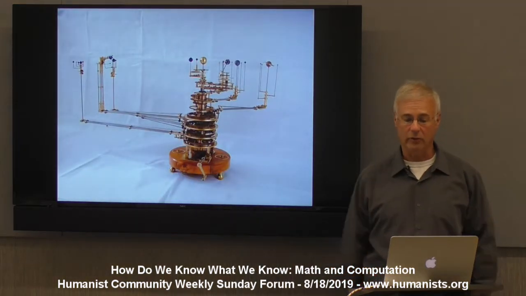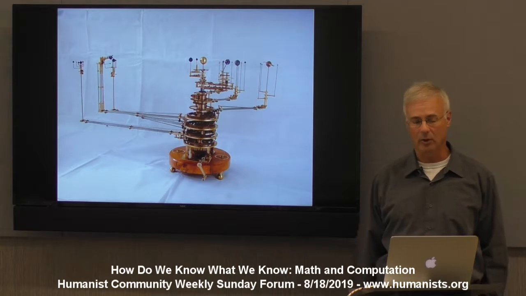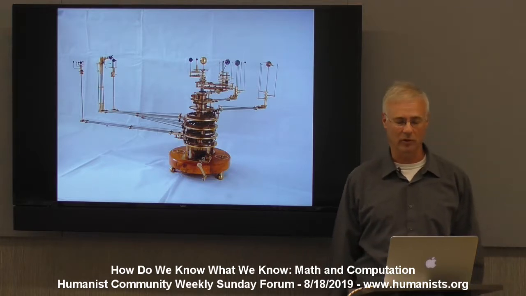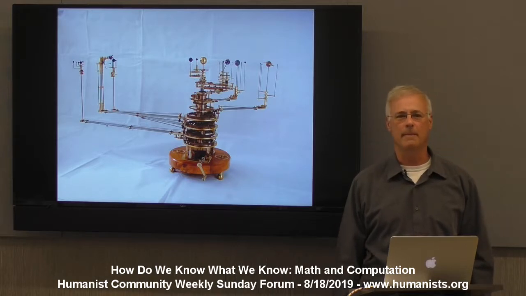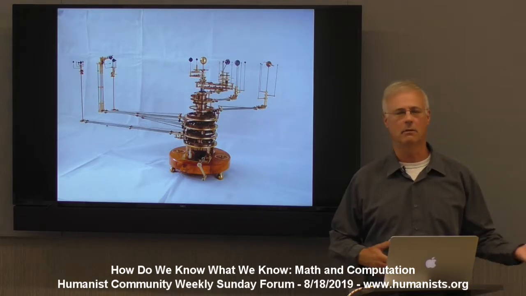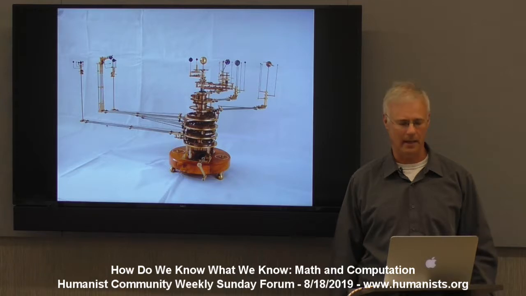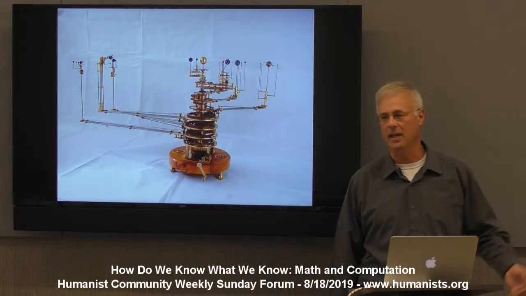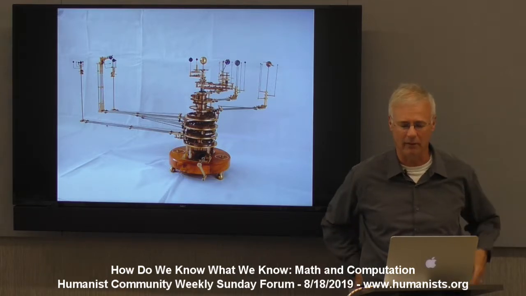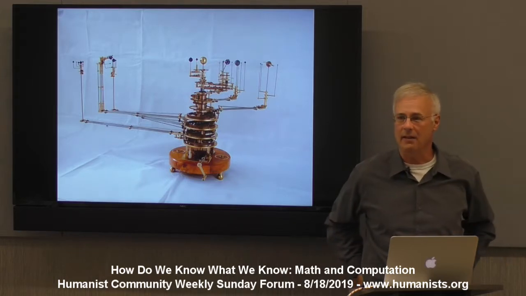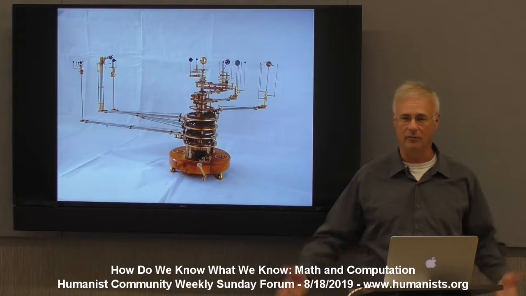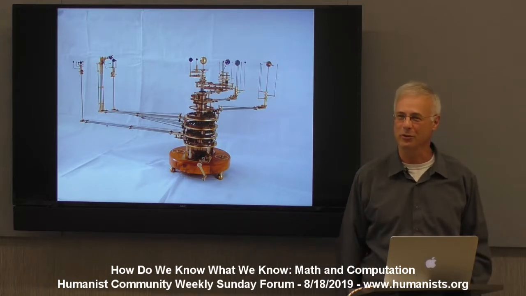People built lots of different kinds of these. This is a similar kind of machine called an orrery. This one is a particularly sophisticated one. But these were constructed by people starting in about the same time. 70 BC was the Antikythera mechanism, the earliest known example of this kind of thing. But you can actually still buy these today. They're used as decorative objects rather than actual useful tools.